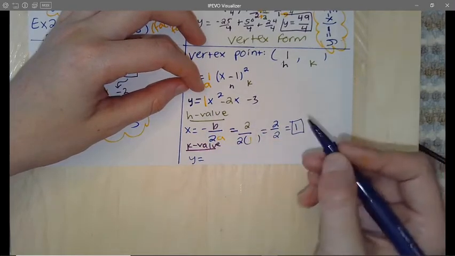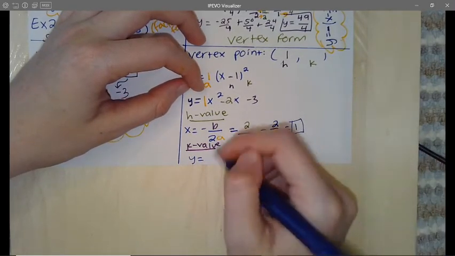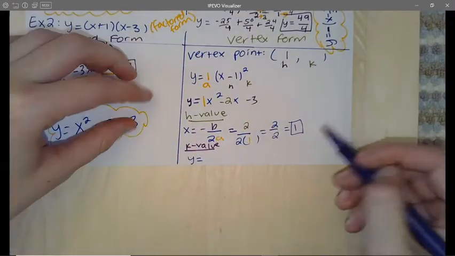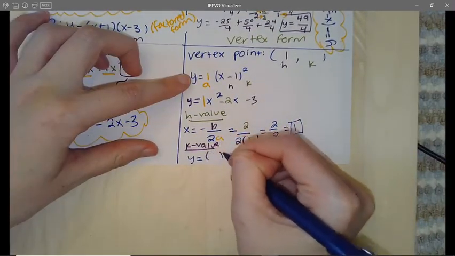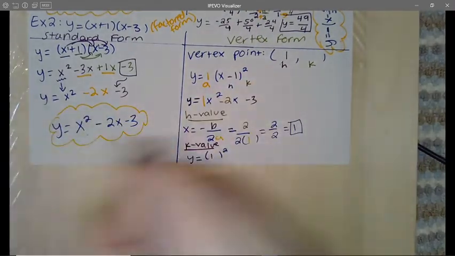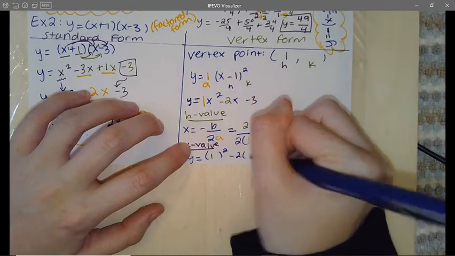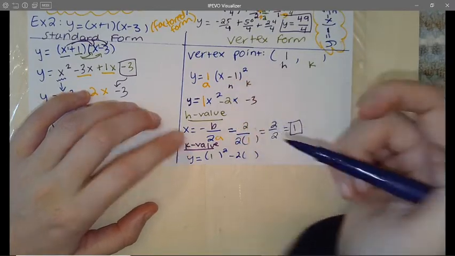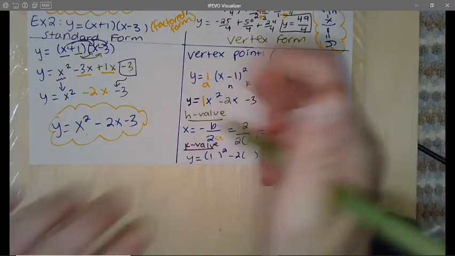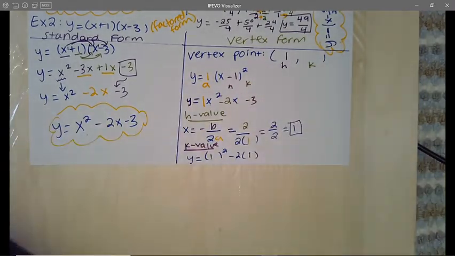This time I'm not going to write the 1 because it's really not going to do anything. So I see an x, so that x is going to transform into this 1. So we're going to have 1 squared. And then we're going to have minus 2 times, I see another x, which means that x will transform into the 1. So times 1. And then minus 3.